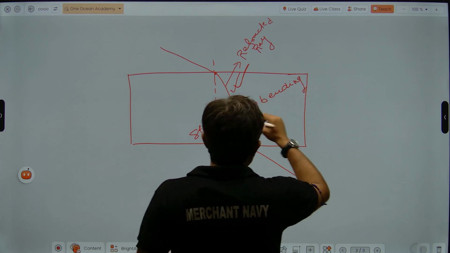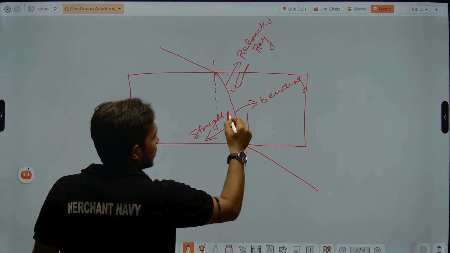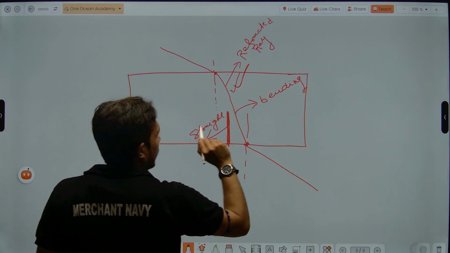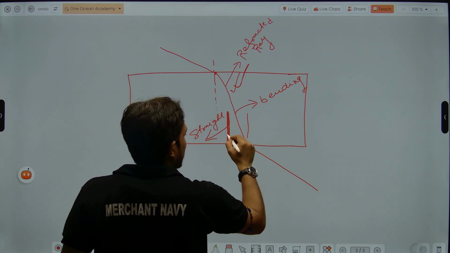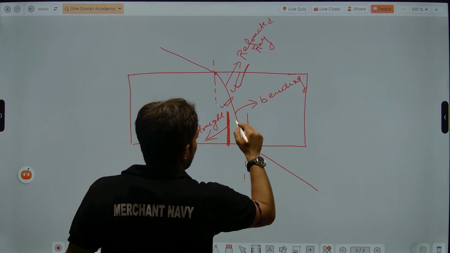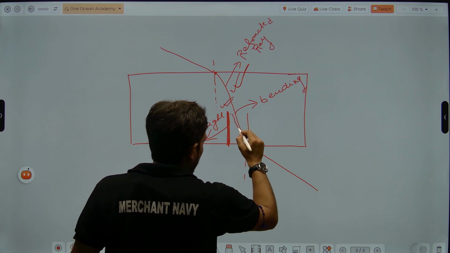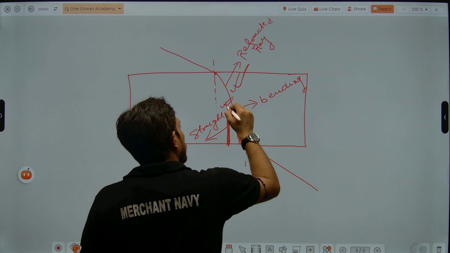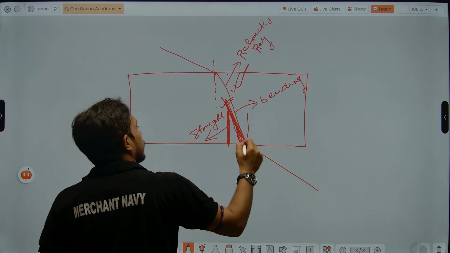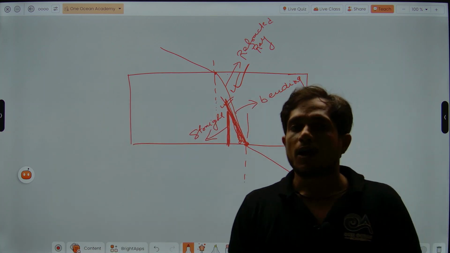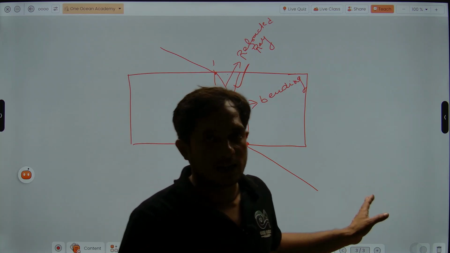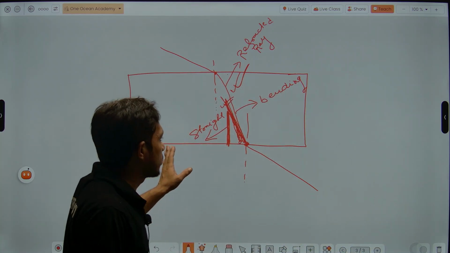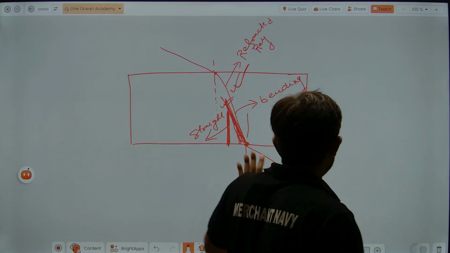Due to the effect of this bending, the pencil image also becomes bent. So this pencil looks bent when we see it from outside the glass. That is the main theme.